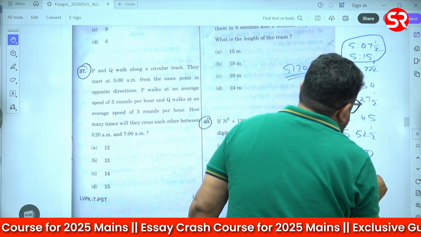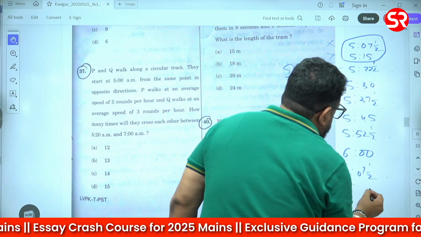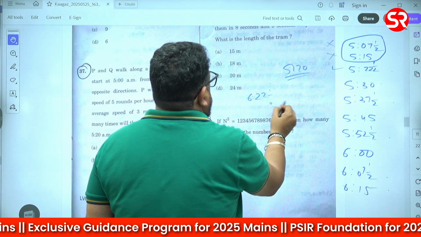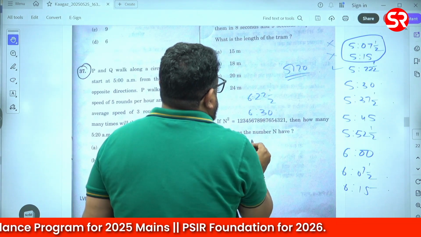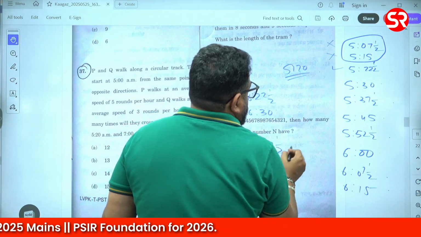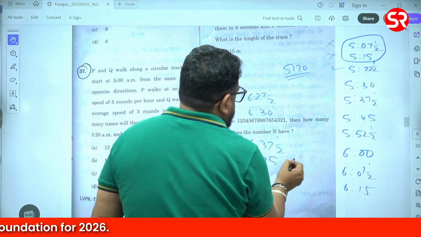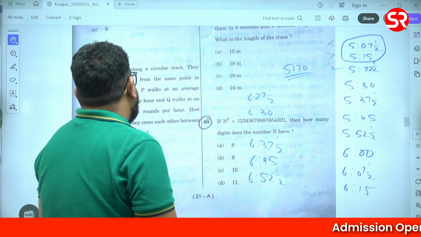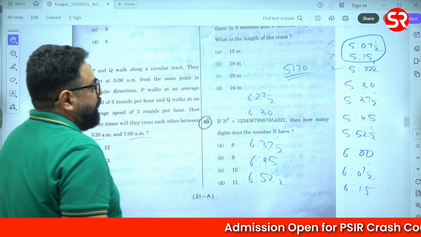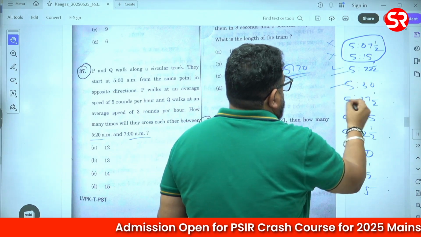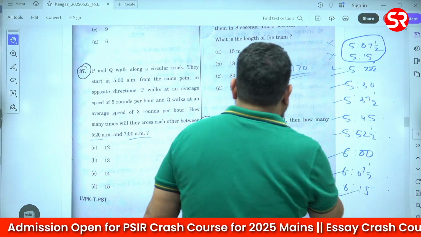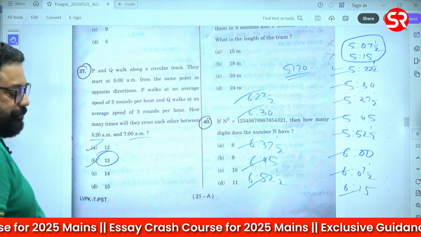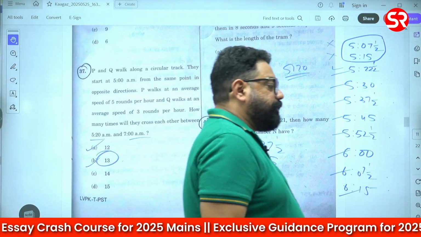Then 6:07 and a half, 6:15, 6:22 and a half, 6:30, 6:37 and a half, 6:45, and we need to find the meetings between. Count 1, 2, 3, up to 13. The answer is 13.